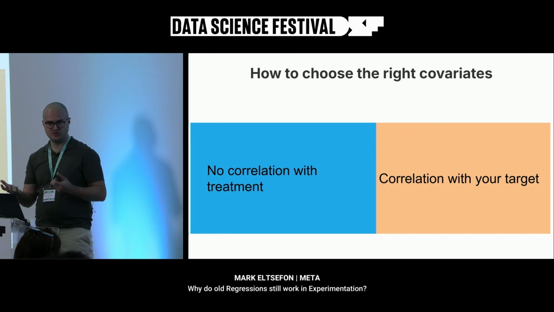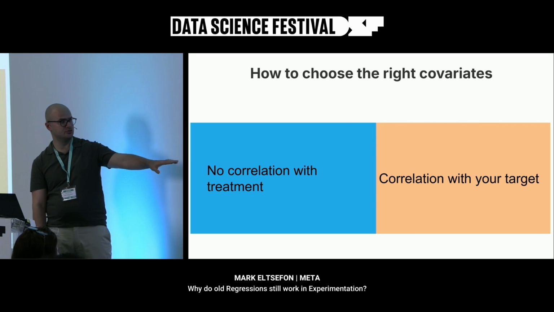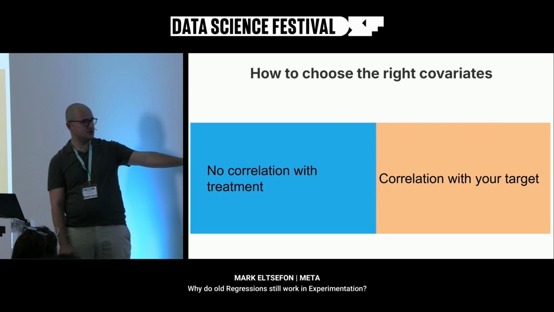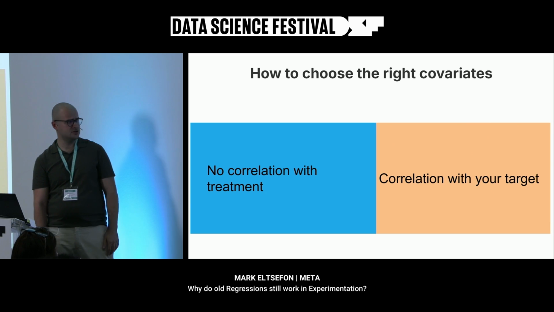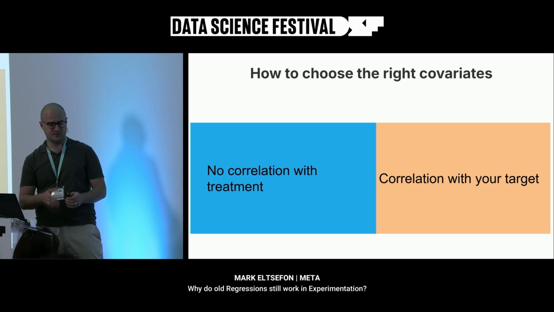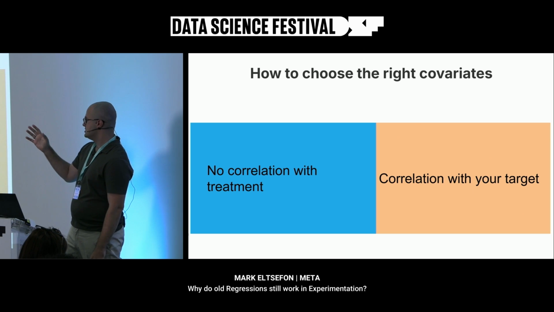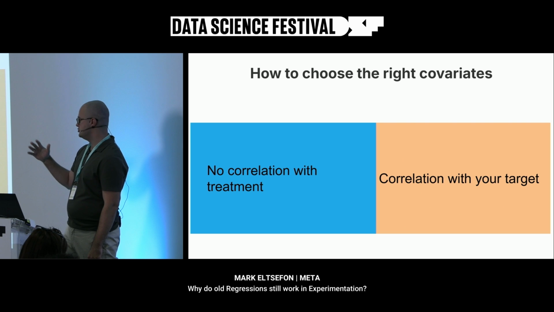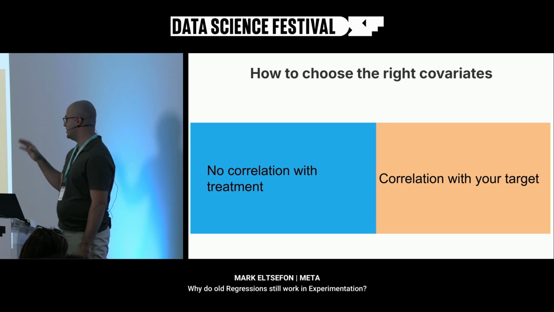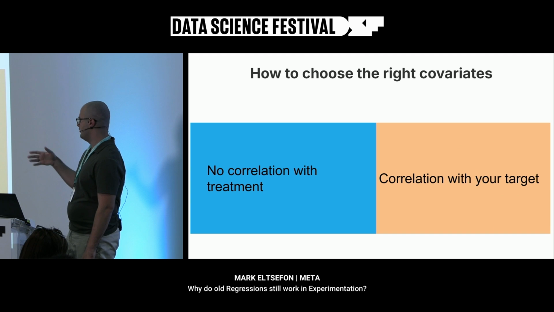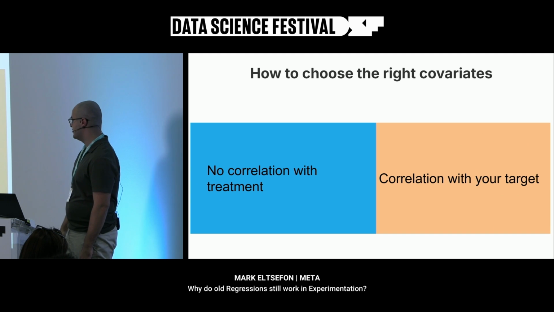There are no strict rules, but there are 2 rules of thumb. First one, there should be no correlation with treatment. What it means is if we add some covariate that is somehow related to whether the user is in the control or test group, it would just add some bias instead of explaining and reducing the variance.